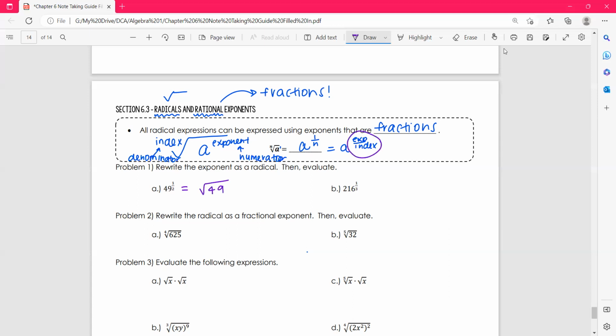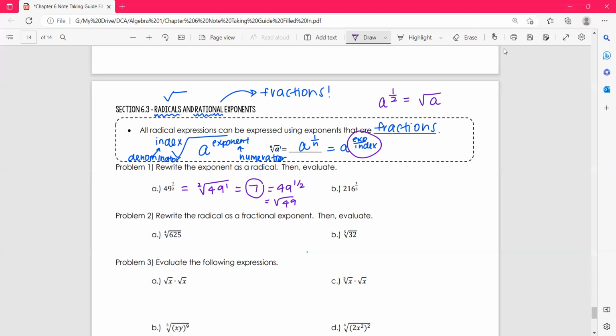The denominator becomes the index, and the numerator is the exponent, okay? And so now this is just the square root of 49. Square root of 49, I know is 7. That's my answer. So 7 equals 49 to the 1/2, which is the same thing as the square root of 49, okay? A little note is anything to the 1/2, that's just the square root. That's what we've been doing all along.